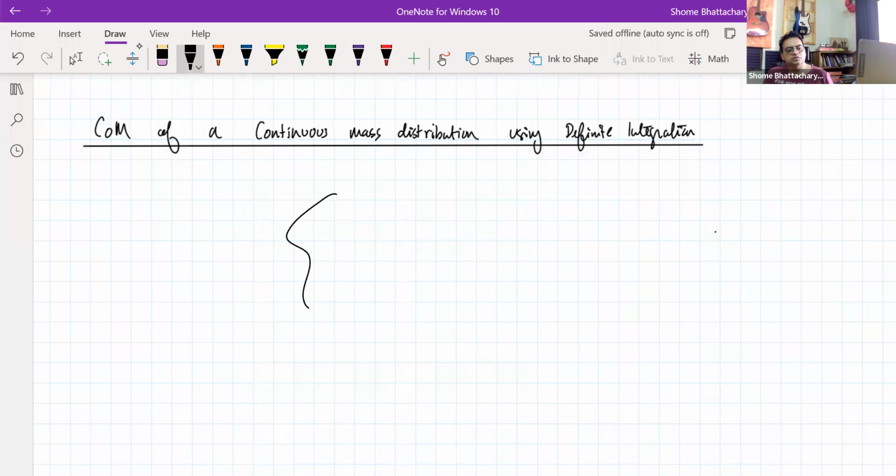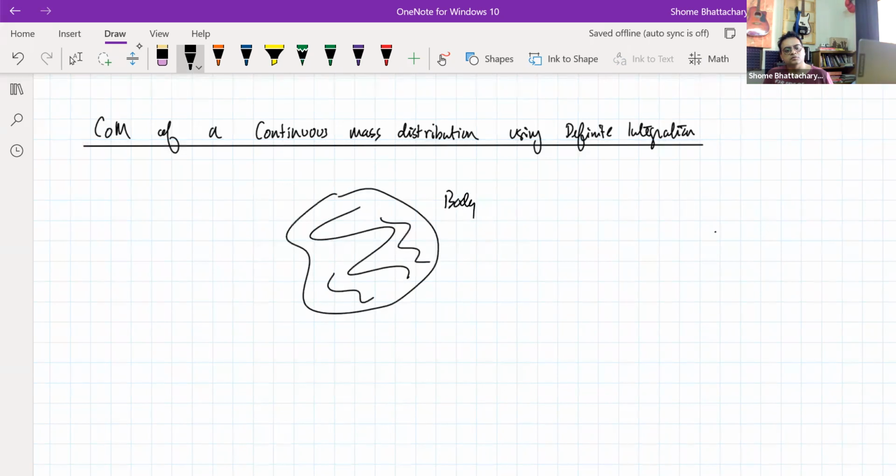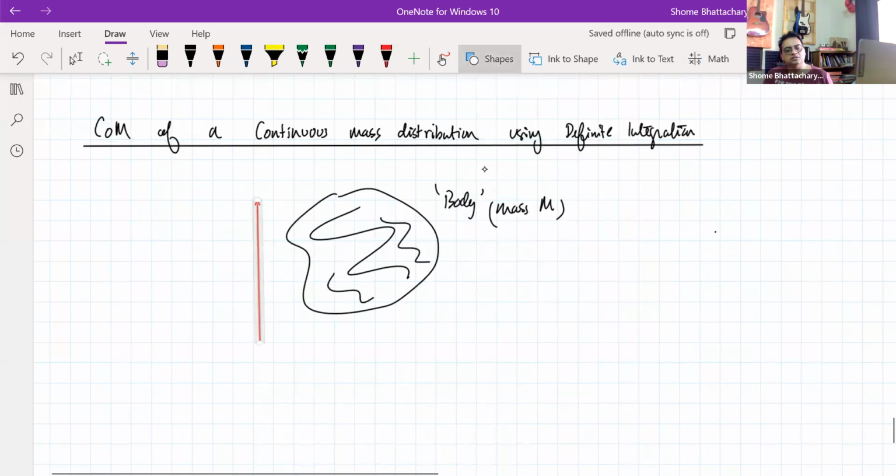So if we have any general kind of shape, which is a body of total mass m, and with respect to some kind of a coordinate frame, let's say we are actually talking about a three-dimensional rigid body.